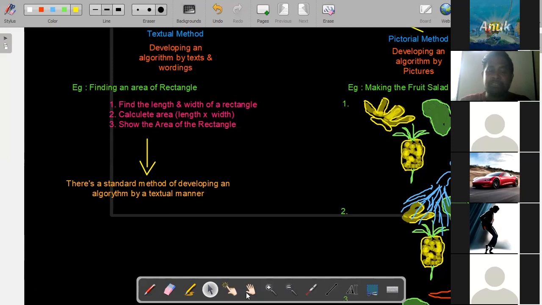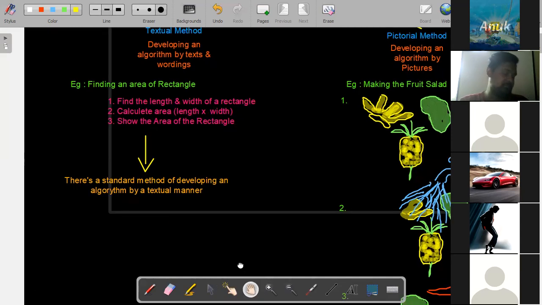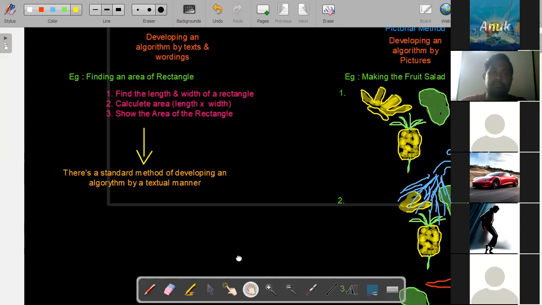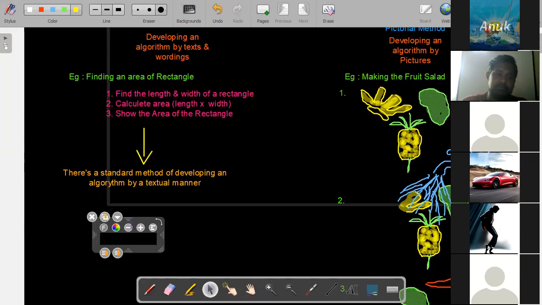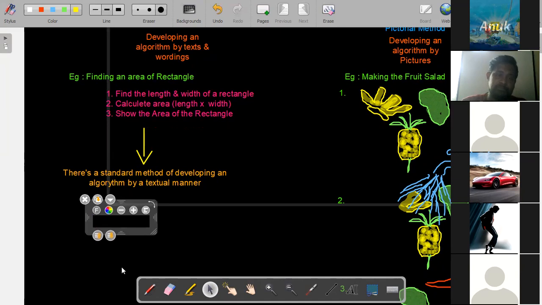There's a standard method. This is the method. Start or begin.